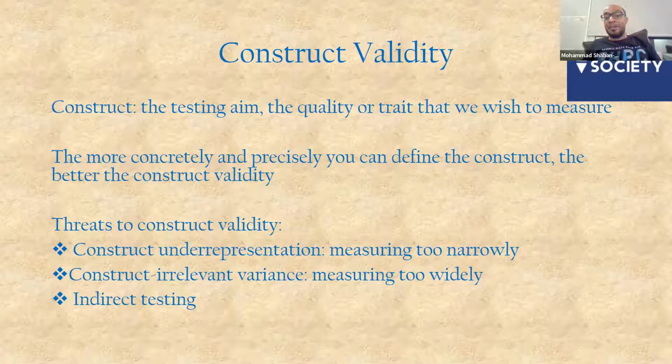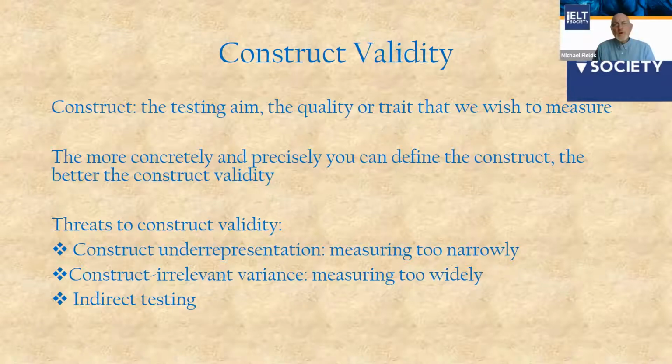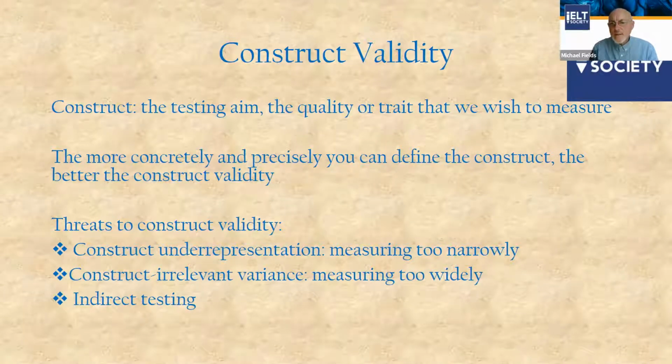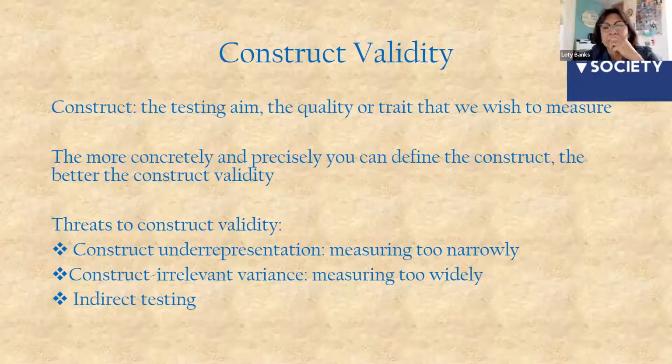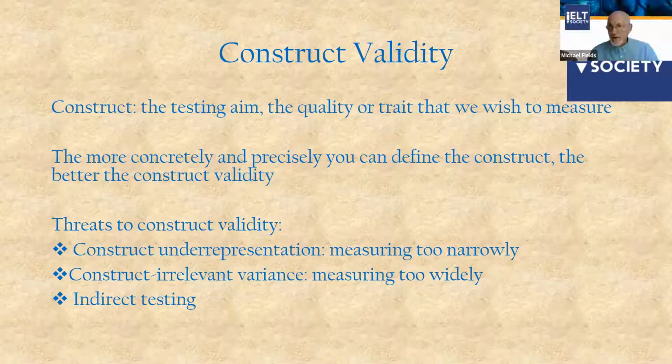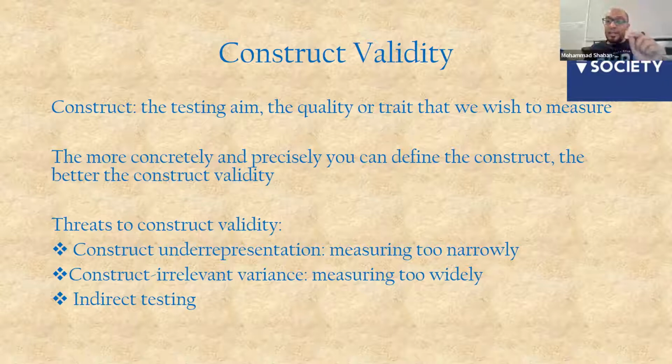Does it mean indirect testing for the construct validity? I would think of that more as construct irrelevant variance. I'm assuming that this is a grammar test, and you're calling this a grammar test, not a writing test, right? Sometimes I make some mistakes about the spelling or the capitalization when they write the sentence.